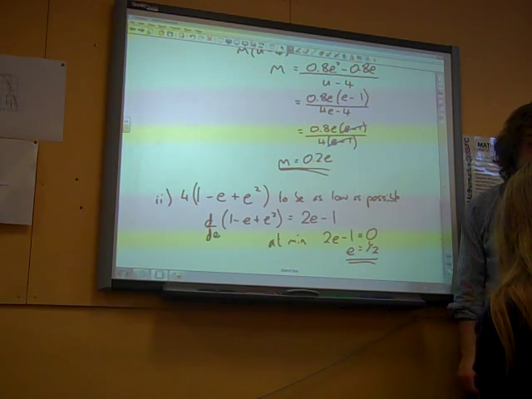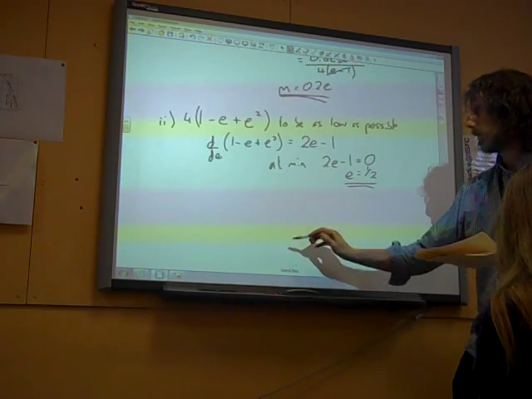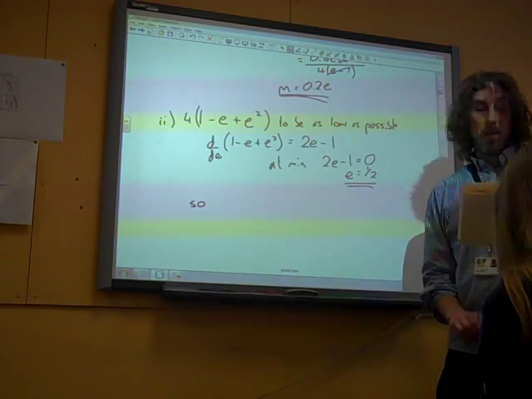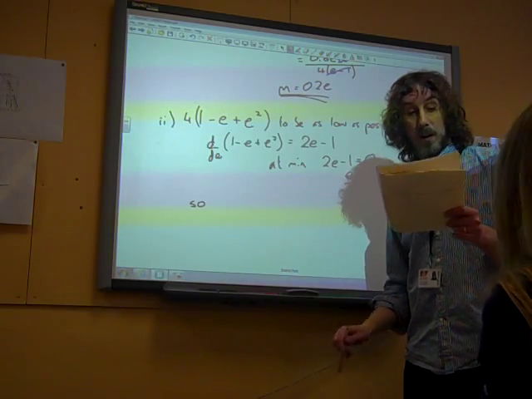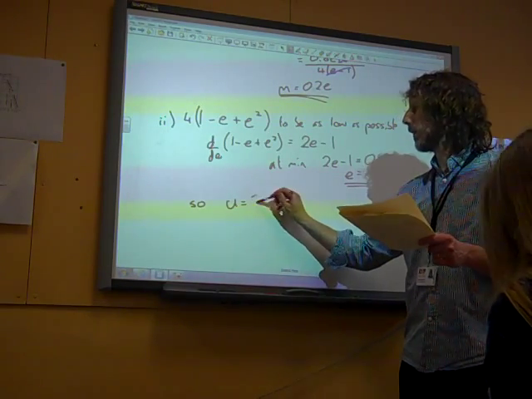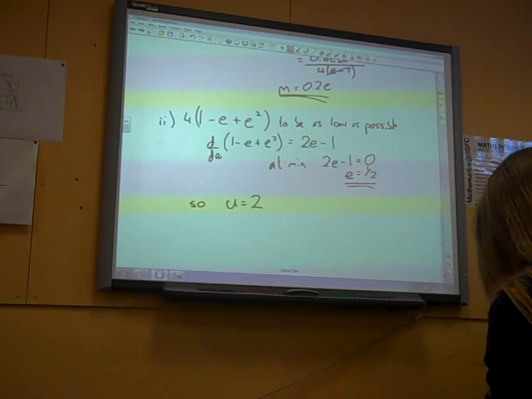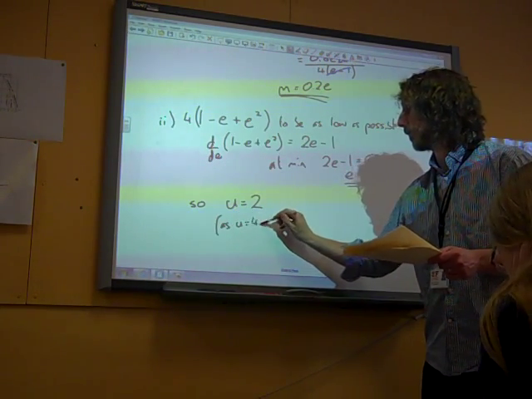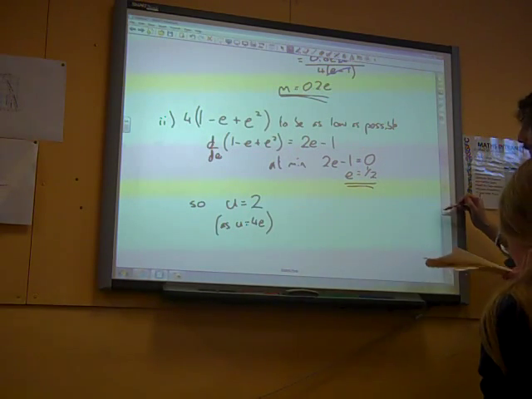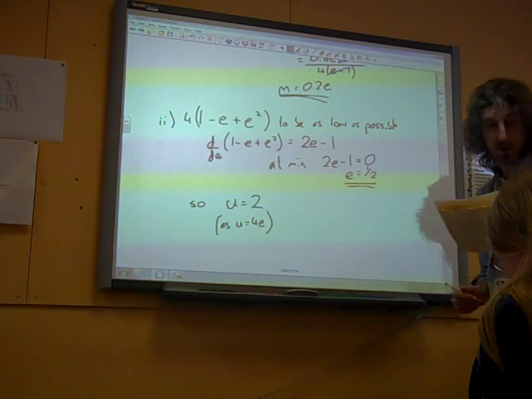So, at that point, u equals 2, because u equals 4e. From earlier on, I found u is equal to 4e in the first part of the question.